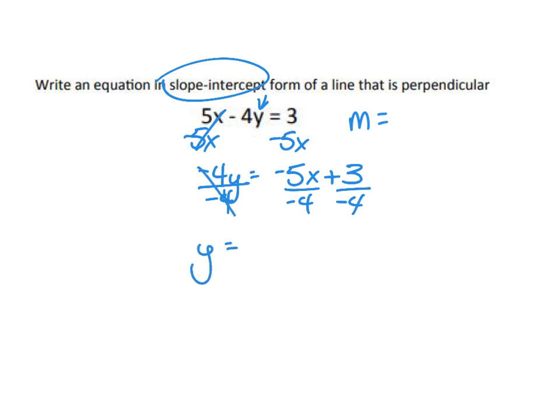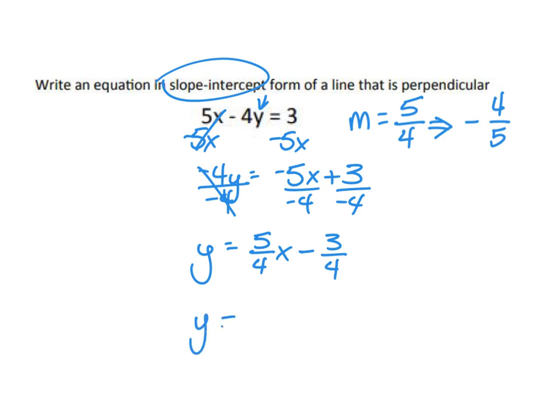So y equals, negative divided by negative becomes a positive, so this would be 5/4 x minus, because of the negative, 3/4. So that means our slope is 5/4. If I want the opposite reciprocal, it's going to become negative 4 over 5. In this case, our y-intercept's at negative 3/4.